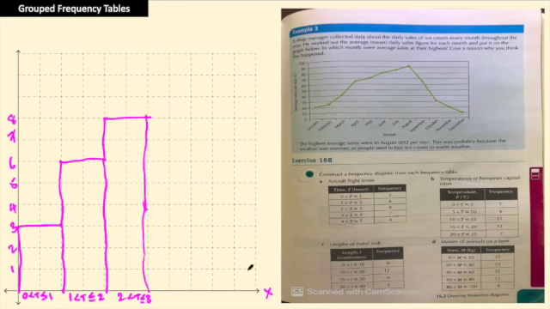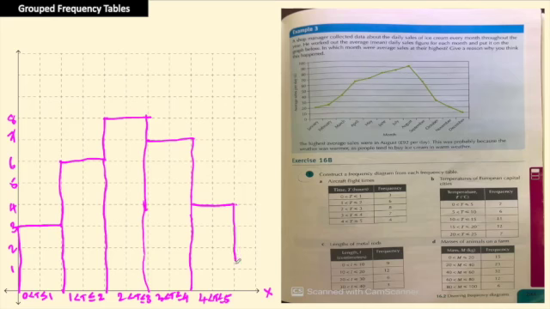The next one is 3 less than t less than or equal to 4, which has a frequency of 7. And the last one is 4 less than t less than or equal to 5, corresponding frequency 4.